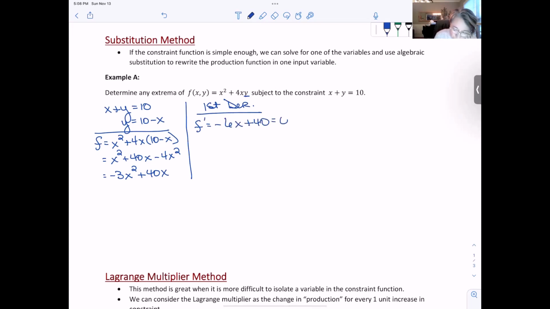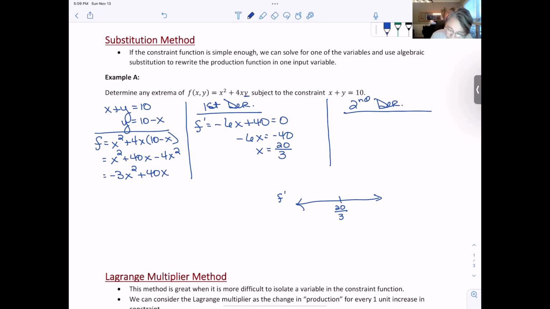Remember, our critical values where we find our max and our min is where that first derivative equals 0. So we get an x value of 20/3. Now, we can put it on a number line and test values of f prime to see if it's a max or a min, or we can use our second derivative.